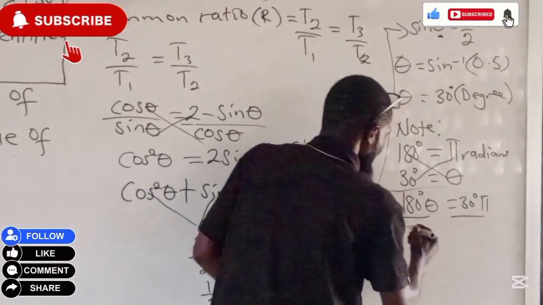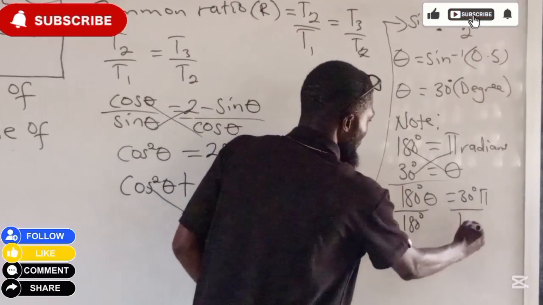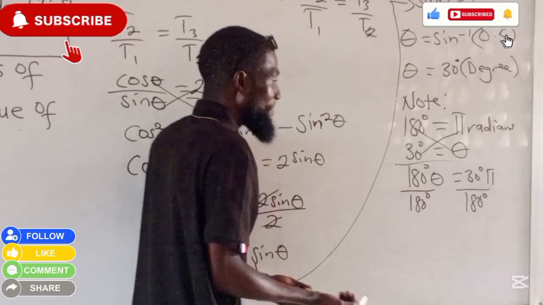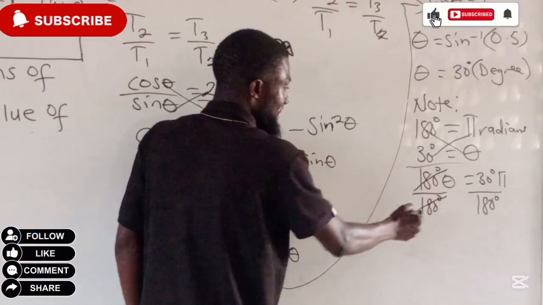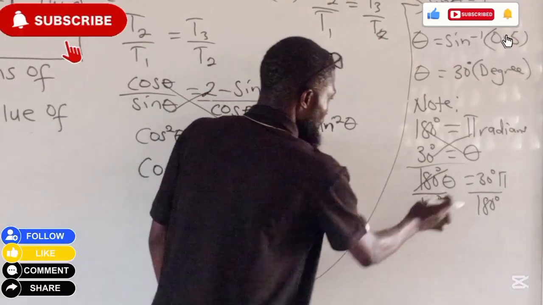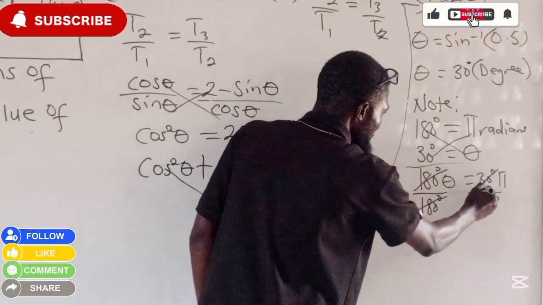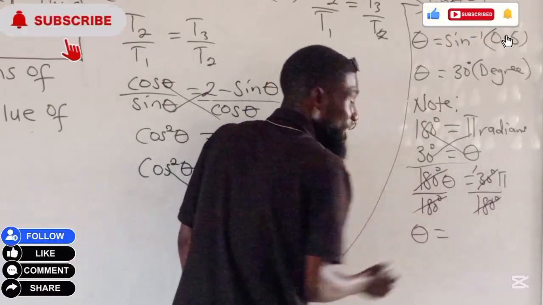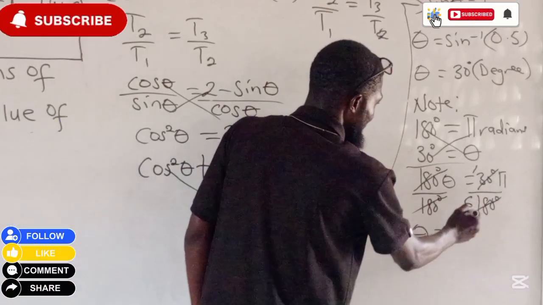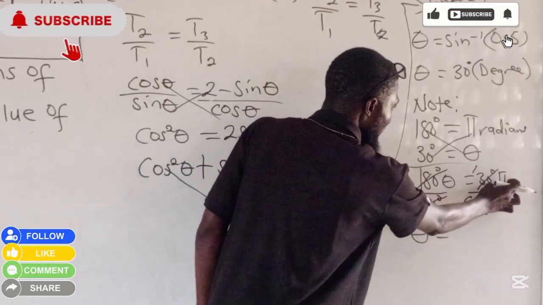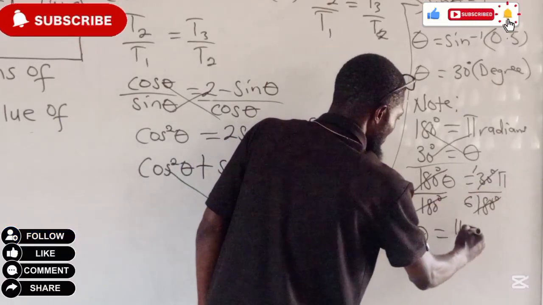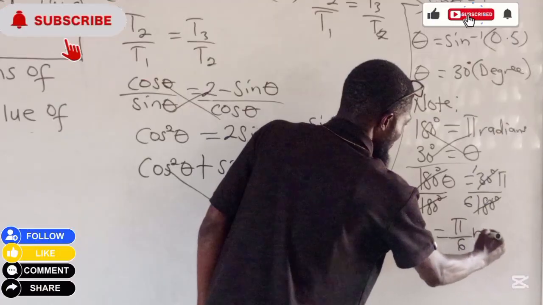We have 180 degrees here, and we also have 180 degrees here, and they automatically cancel. We are left with theta. So therefore, theta will be equal to 30 degrees into 180 degrees, the sixth time. So we have 1 and we have pi. Automatically, it still represents pi over 6 radians.